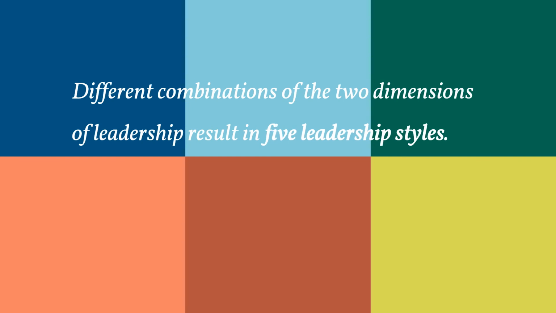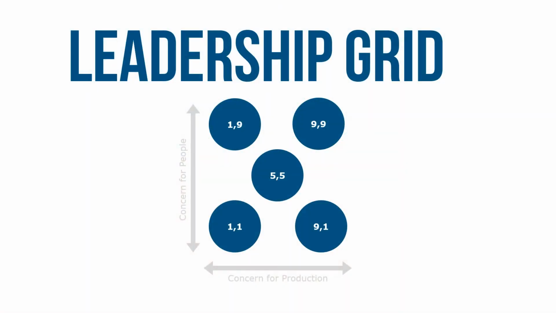According to the leadership grid, different combinations of two dimensions of leadership result in five leadership styles. The leadership grid provides a means for evaluating leadership styles and then training managers to move towards an ideal style of behavior.